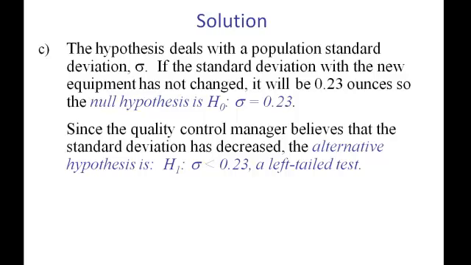Now, if the standard deviation has not changed, then it's still equal to 0.23. So we'll write our null hypothesis as H0, sigma equals 0.23. And since the researcher believes that if there's been any change, the standard deviation should have decreased, she writes the alternative hypothesis as H1, sigma is less than 0.23. And remember then that this would be called a left-tailed test.